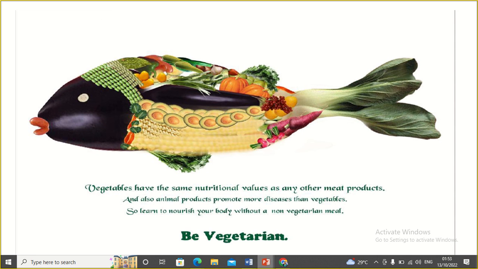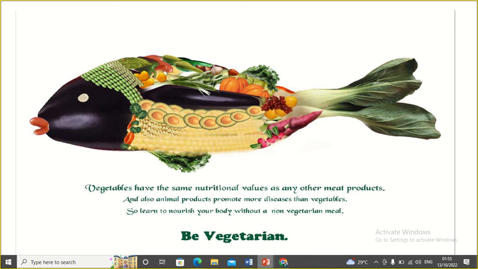So from this diagram you can understand what is being highlighted. Here you can see this fish is completely made with the help of vegetables. The meaning of this is that all the nutrients which can be obtained through fish can also be acquired through vegetables.